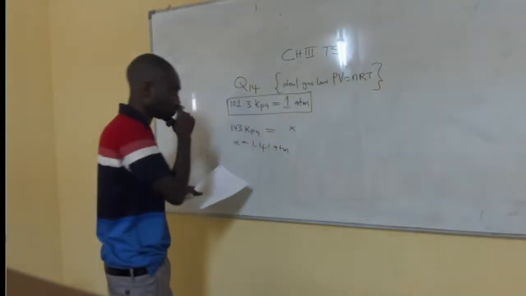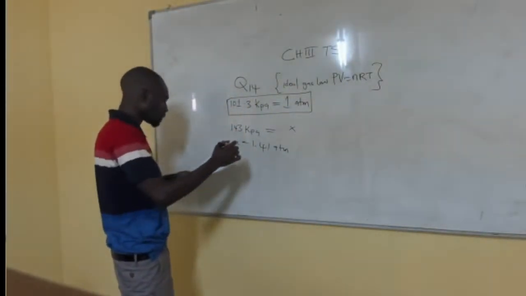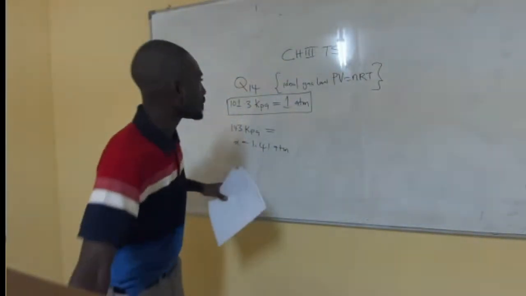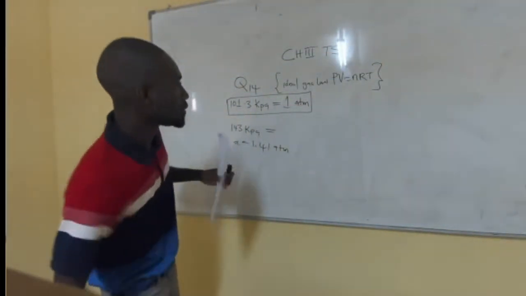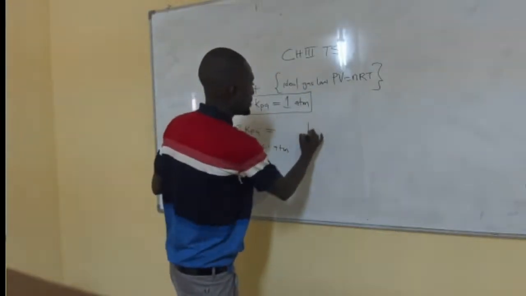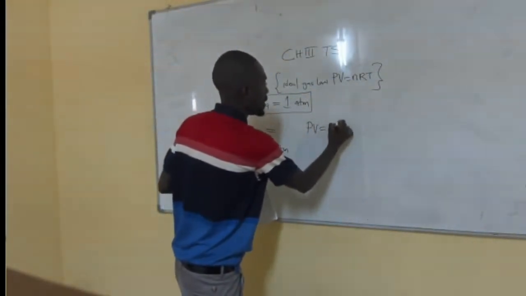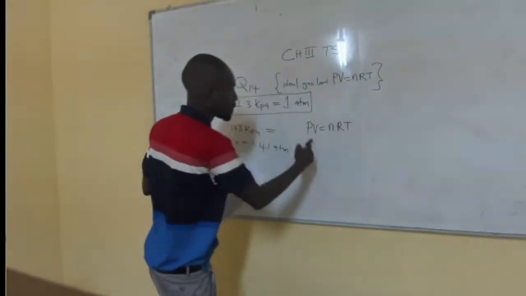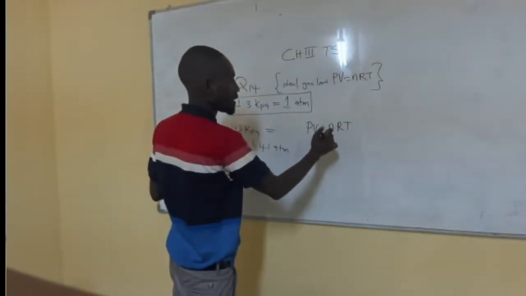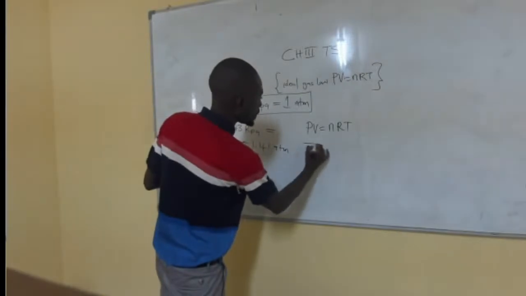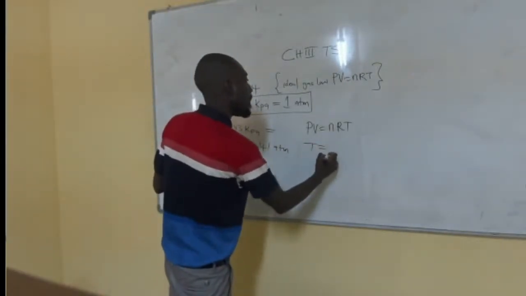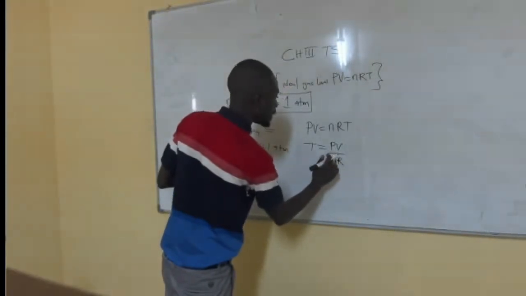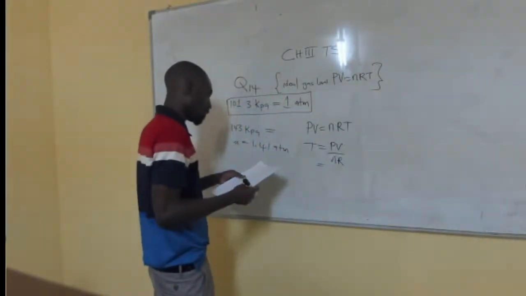So now you're going to solve. After you have done the conversions, you say PV equals nRT. What you are looking for is the temperature, so you change the subject of the formula. T equals PV over nR.